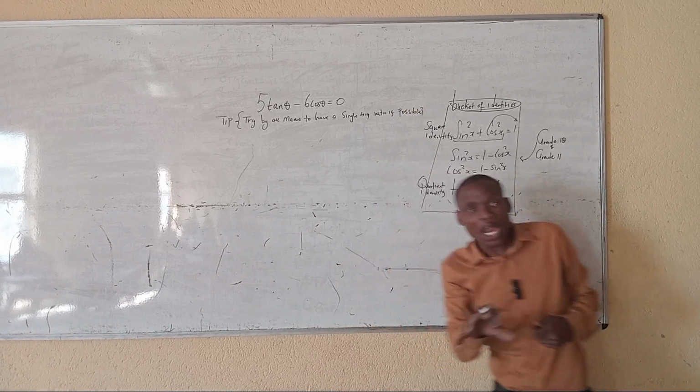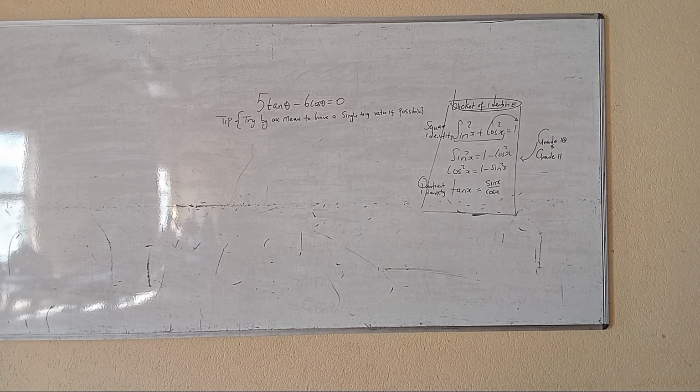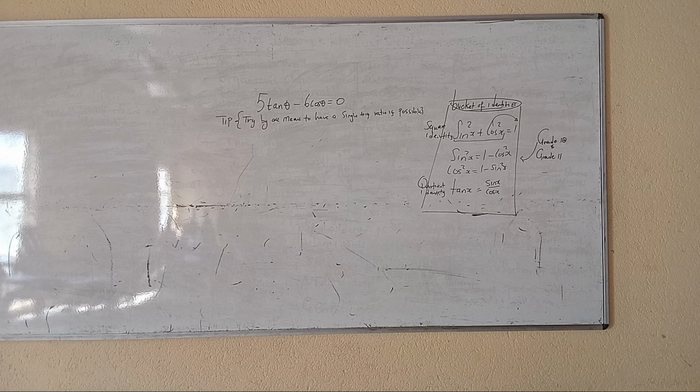How many trig ratios do we see there in our equation? 2. We see the trig ratio tan, and we also see what? The trig ratio cos. But our goal most of the time is to have one trig ratio.